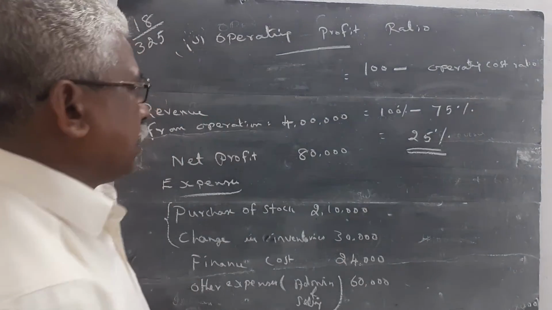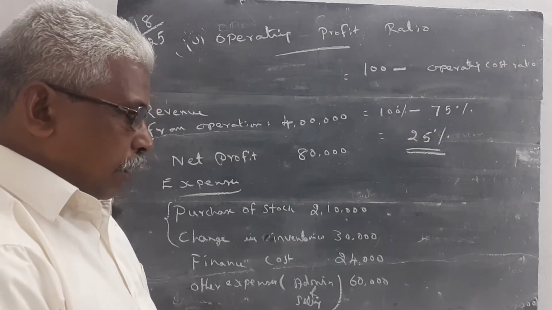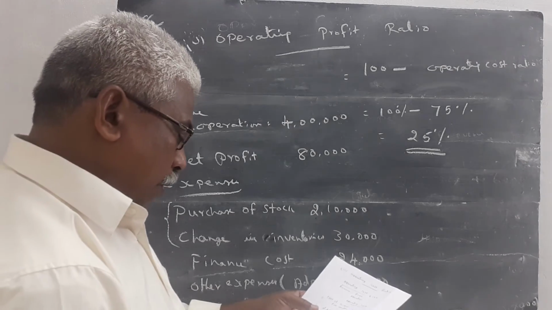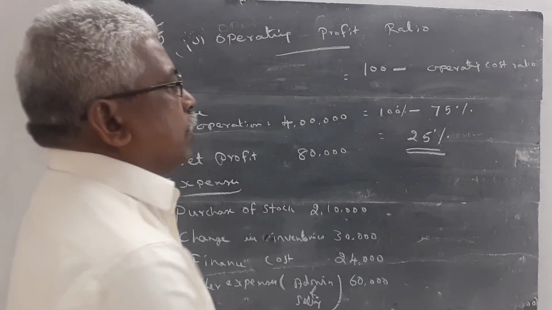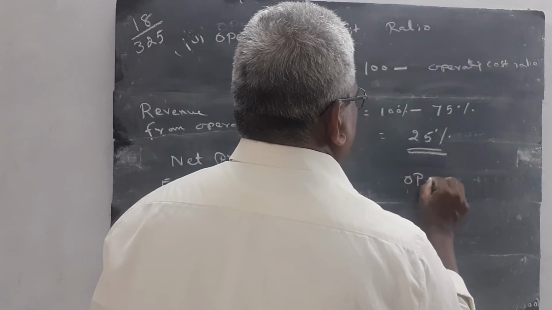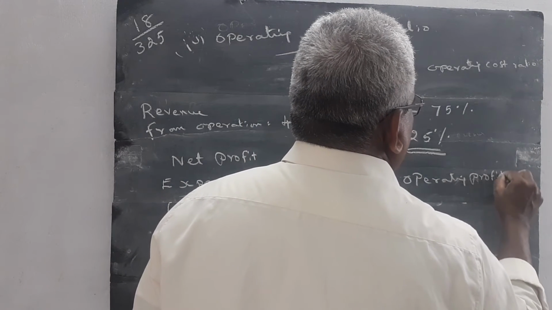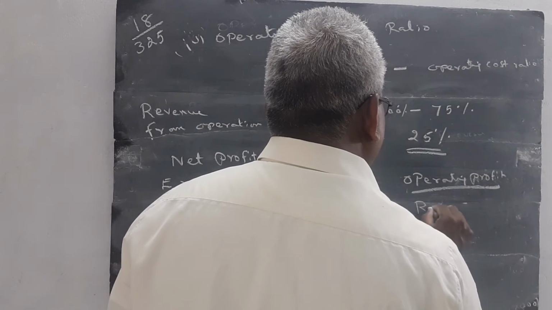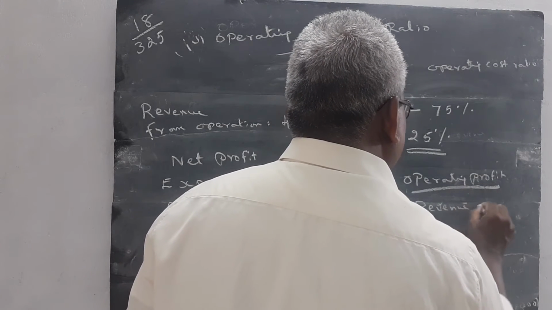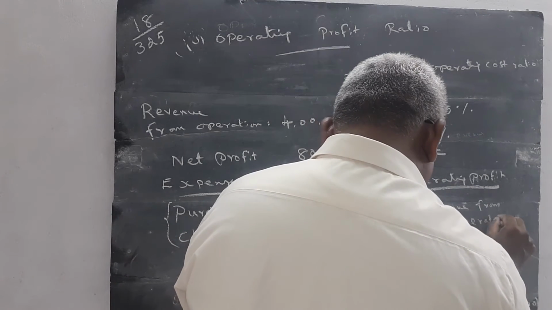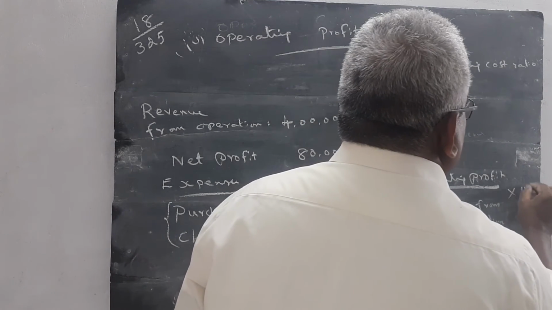Then the same question can be solved in another manner also. Operating profit divided by revenue from operation into 100.